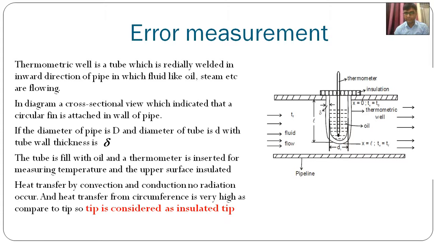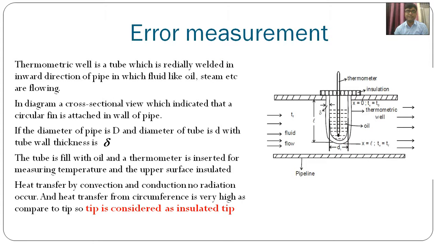And one more thing I will discuss. The maximum area exposed for the surrounding fluid is these areas. You are seeing my cursor, this cursor. So these areas are exposed more for the fluid which is flowing in the pipe. But if you compare the exposed area, this tip is curvature in nature and is less, because this area is less as compared to this vertical area, because the vertical area is more exposed to the surrounding fluid as compared to the tip of this thermometric well.